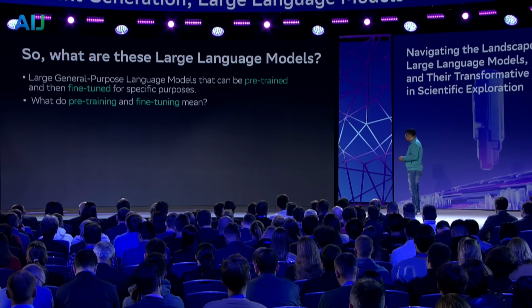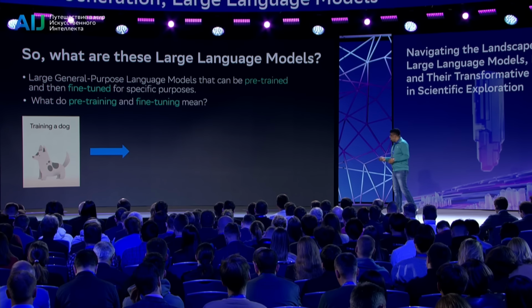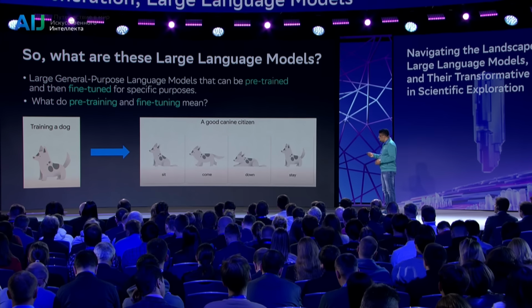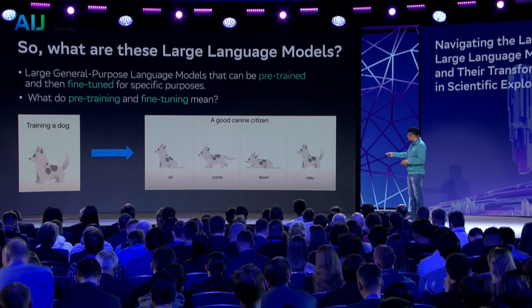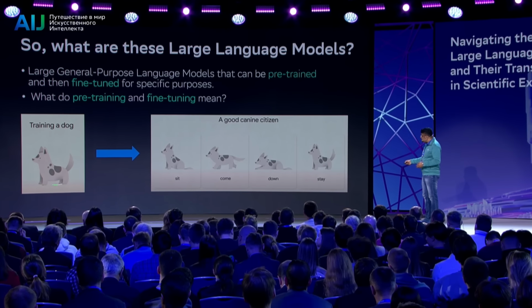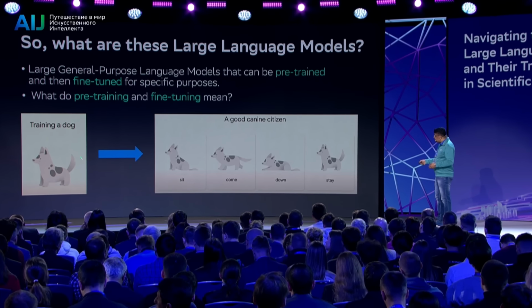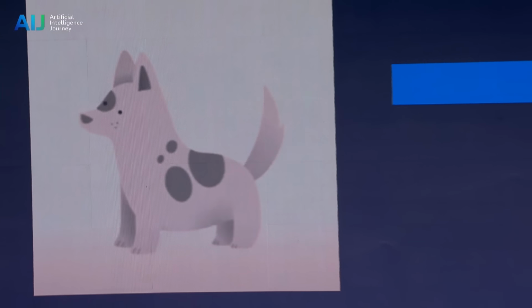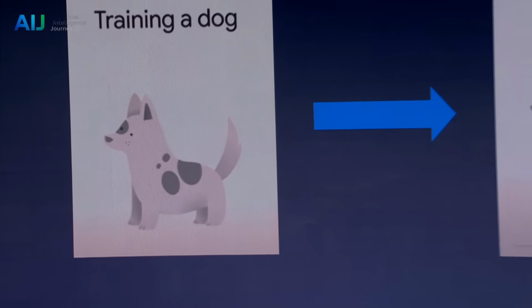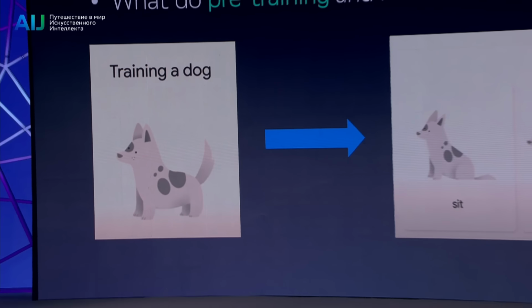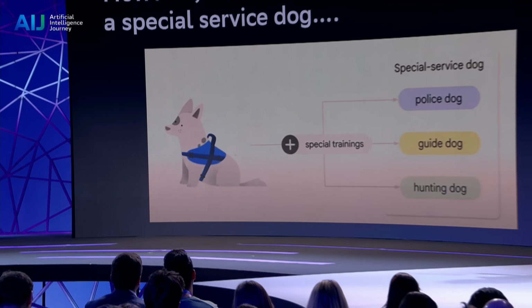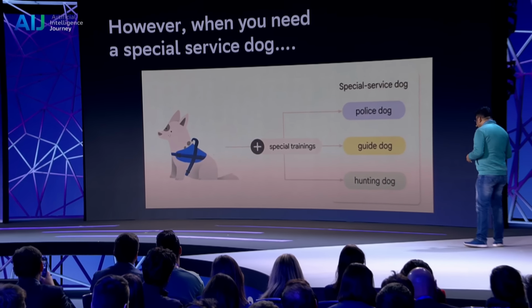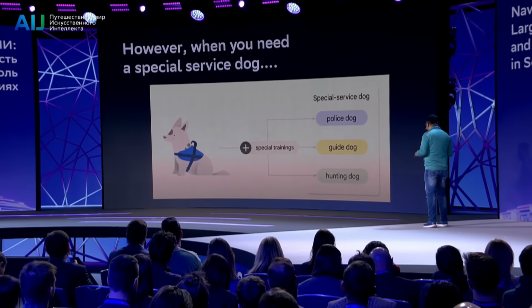What do pre-training and fine-tuning mean? Let's take the example of training a dog. Some of these slides are from Google Cloud. You have this training of a dog, and you first teach it the basic postures, like sit, come, down, stay, and so on. Once it is proficient in such basic postures, if you require a special service dog, you will have to give it special training, like hunting dog or guide dog or police dog.